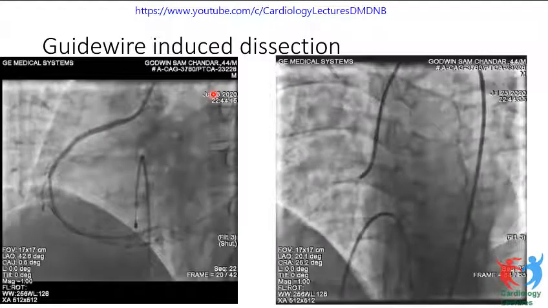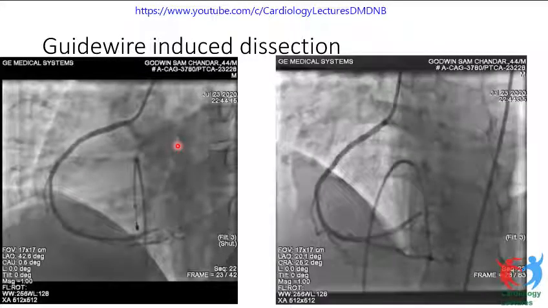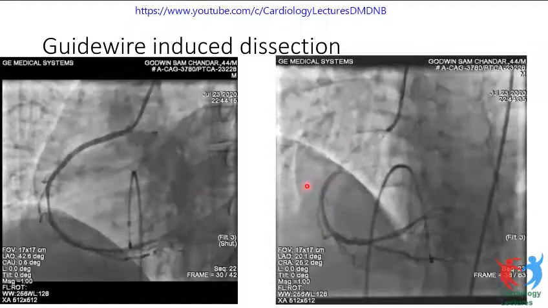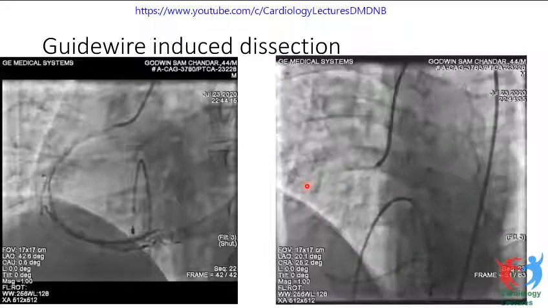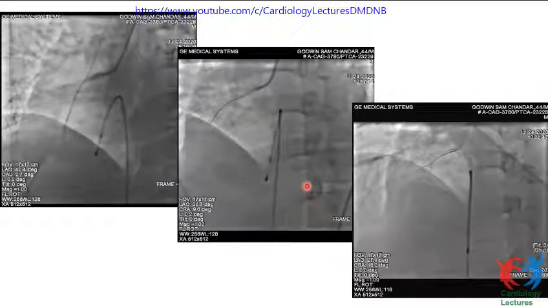So he was on TPI, and this was the final angiogram at the end of the primary PTCA, where this RCA was totally occluded. This is the final check angiogram, and then he was shifted to the ward. Next day morning, again he developed chest pain and complete heart block again. And you'll see here, the stent is totally occluded here. It's acute stent thrombosis.